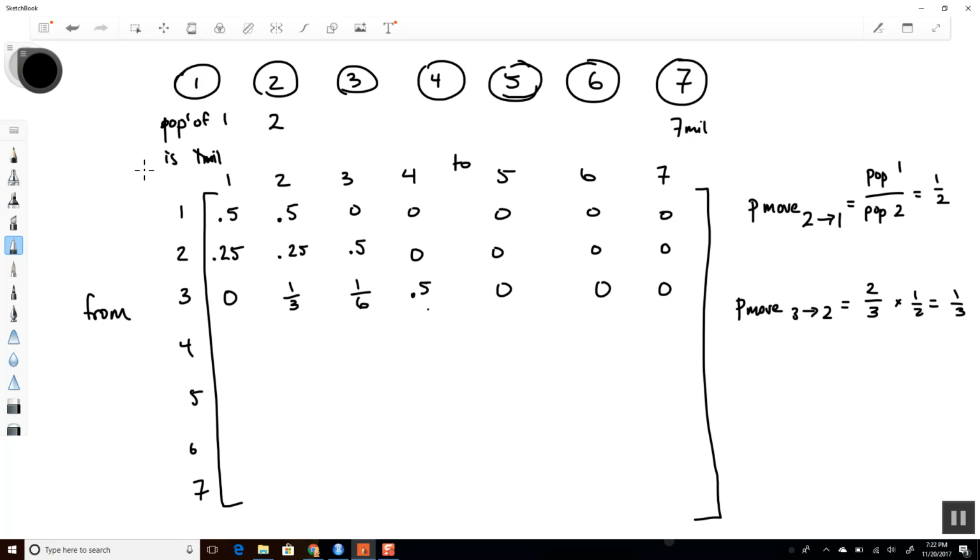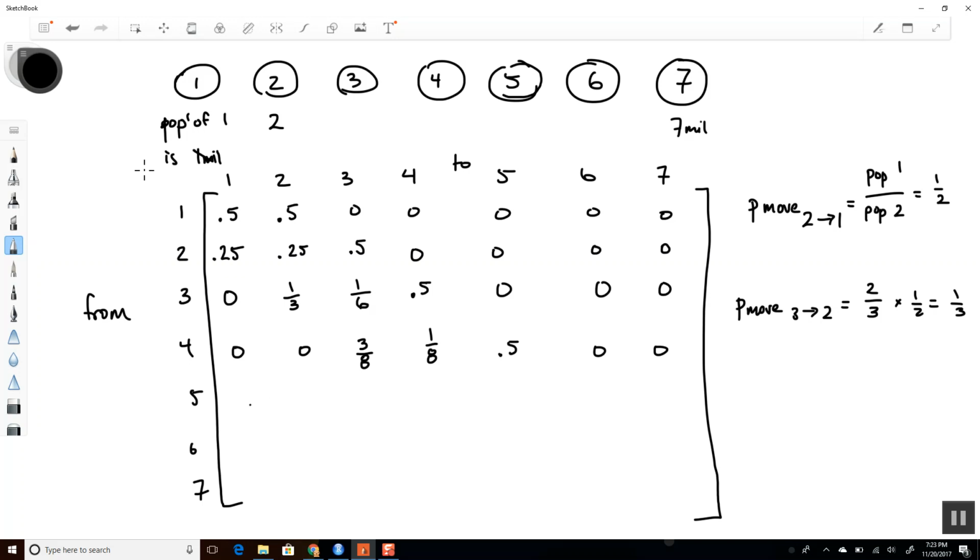All right, and then island 4, we can go to island 5. If I propose island 5, I propose it with probability 0.5, and if I do, I would definitely go there. I can't go to island 1 or island 2. I could propose island 3 with probability 0.5, and I would actually go to island 3 with probability 3/4. So 3/4 times 1/2 is 3/8, and I would stay put with probability 1/8.